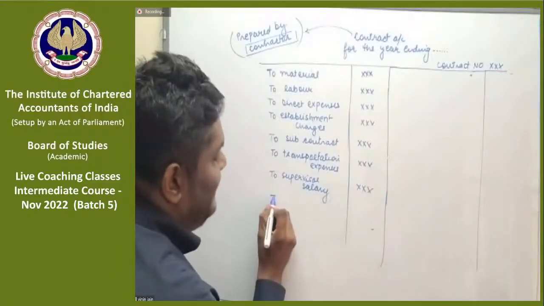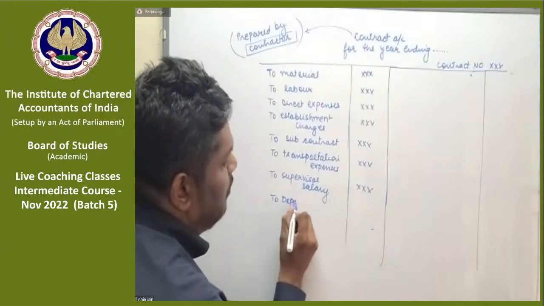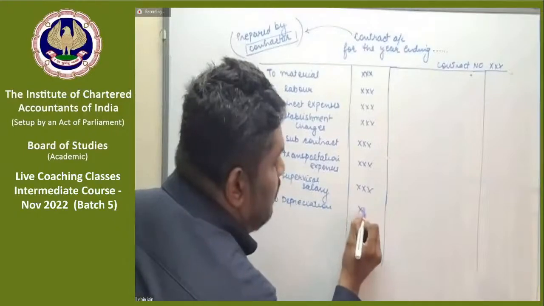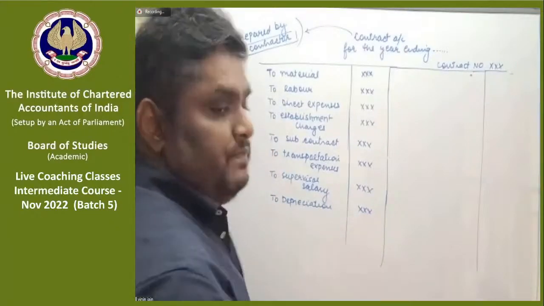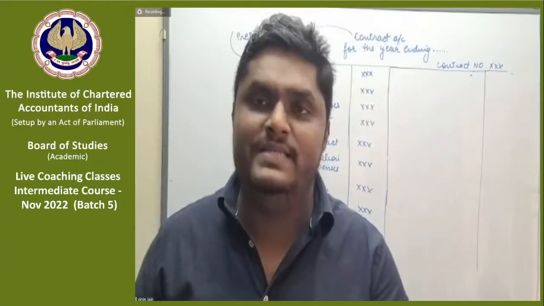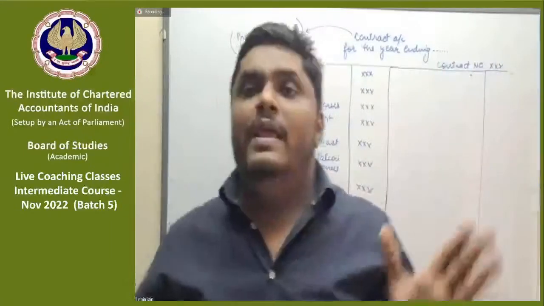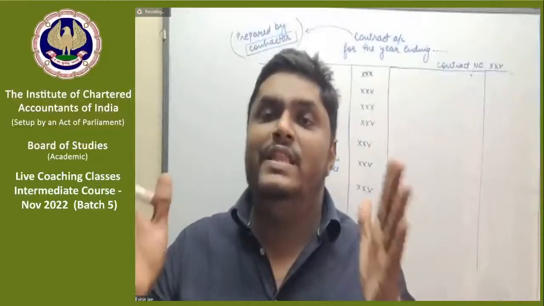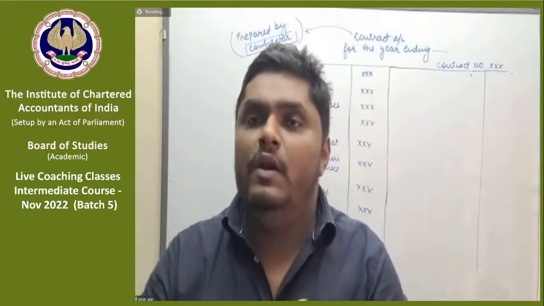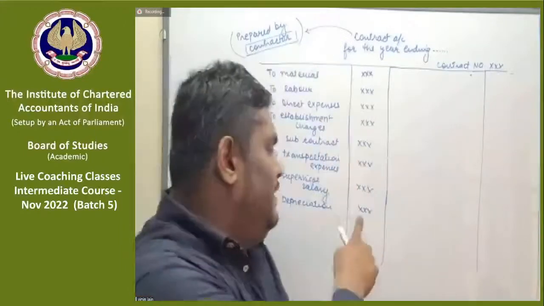So I'm simply writing to depreciation. Waiting for your queries, guys. If you have any doubts, please ask me. I repeat again, if no information is given in the question as regards sale of plant or plant written off, simply write to depreciation.